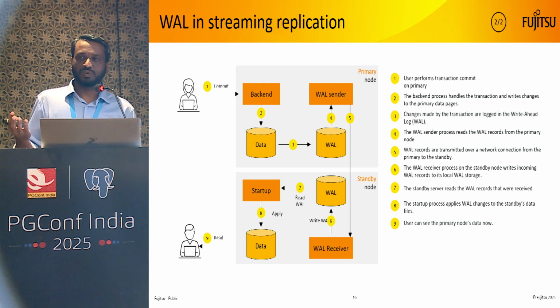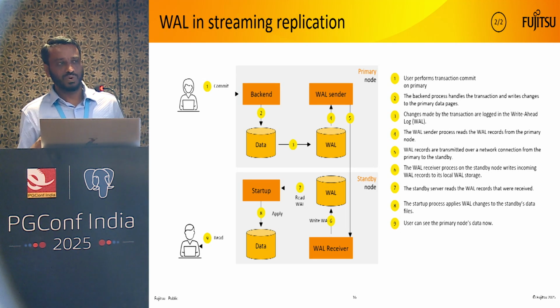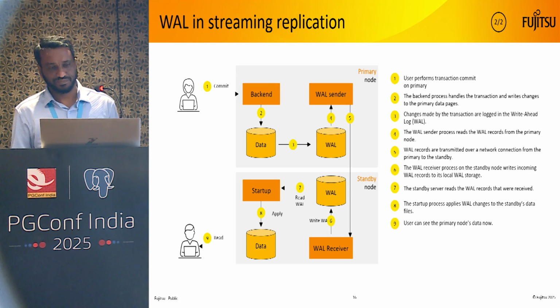In standby, the WAL receiver receives the WAL record. It will apply it to the WAL buffers, and we have a startup process which is running. It will read this data and apply the transactions. So now the same data that is present in primary is also present in standby. WAL helped us with this.